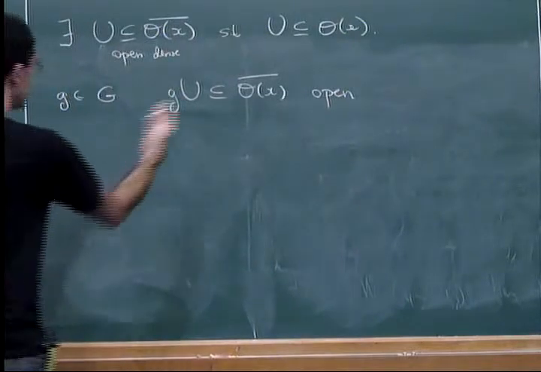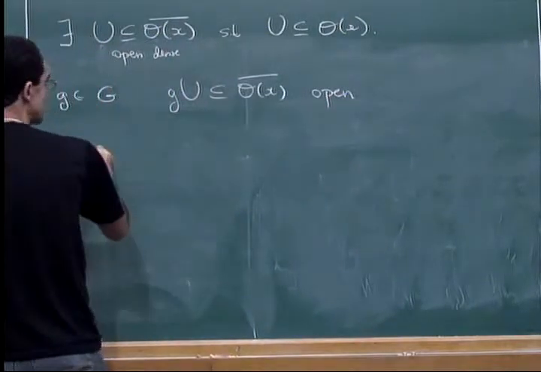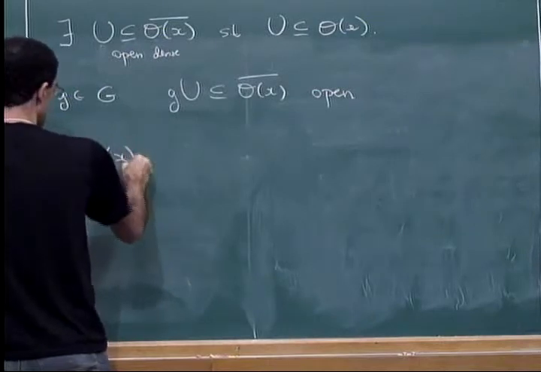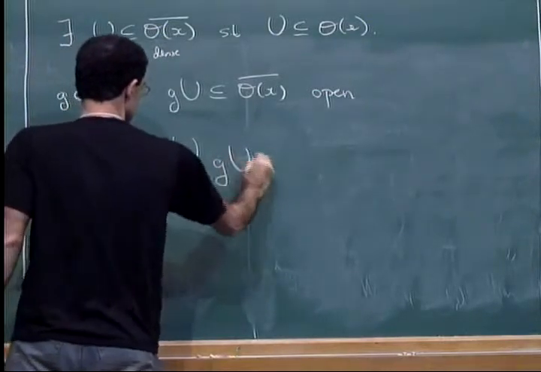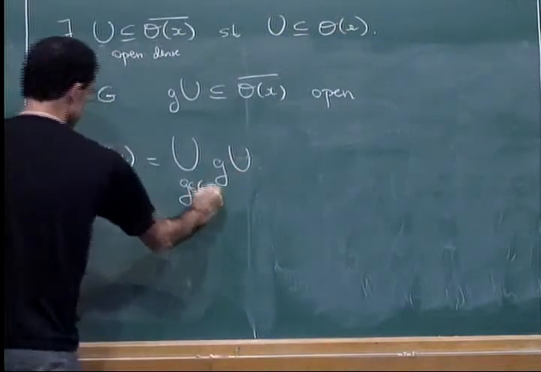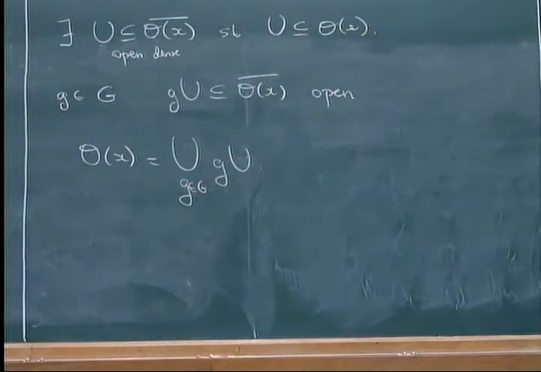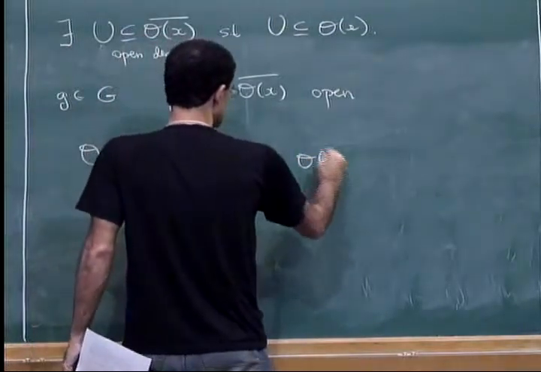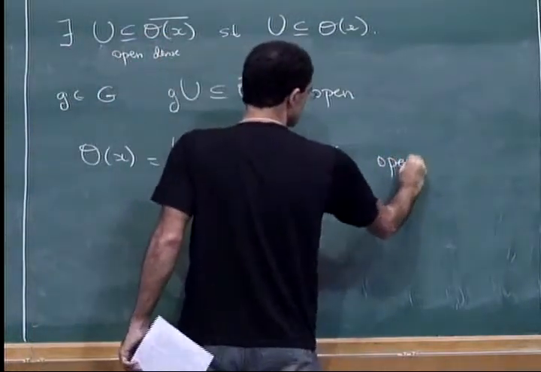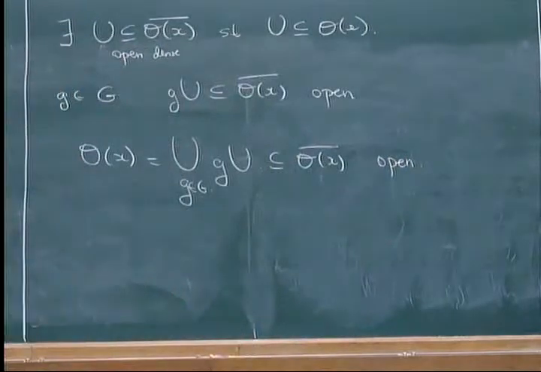And in fact, since the action is transitive, if I pick the union of all these translates, I get the orbit. So you see that the orbit is a union of open subsets of the closure of O_x, so it's open in the closure. Okay? So O_x is locally closed. That's the proof.